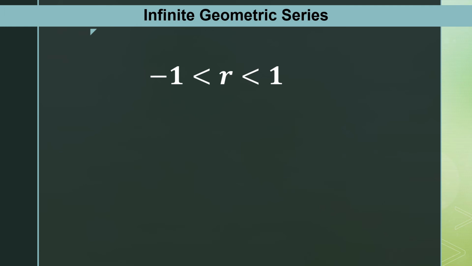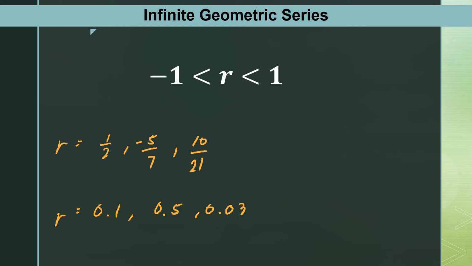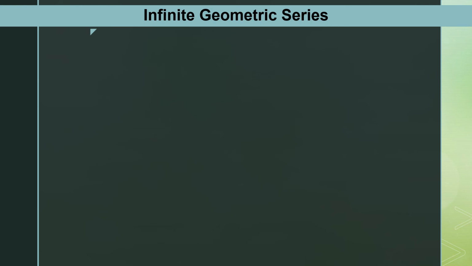Halimbawa, kung ang R natin or ang common ratio natin ay 1/2, negative 5 over 7, or 10 over 21. Or pwede ring decimals kagaya ng 0.1, 0.5, or 0.03.